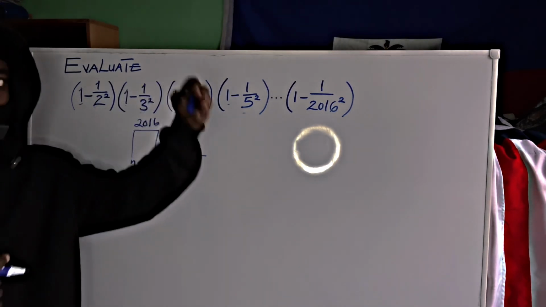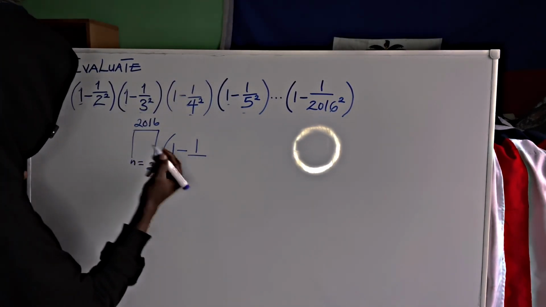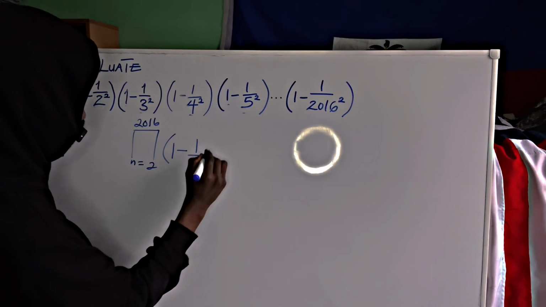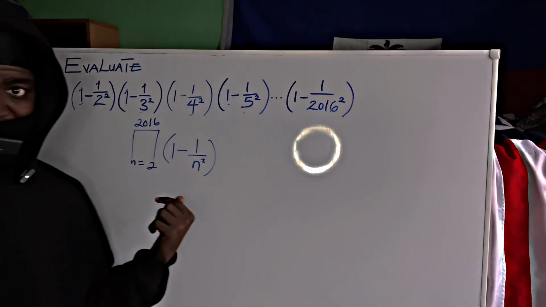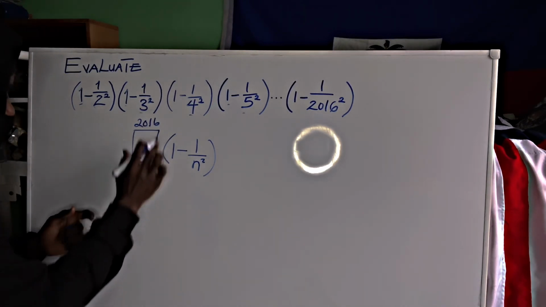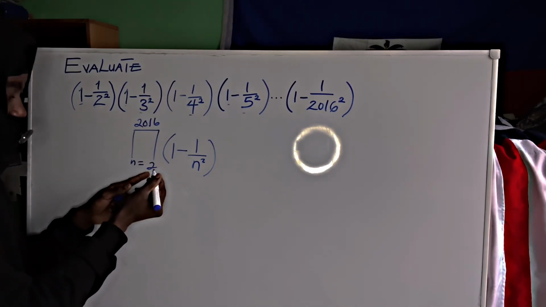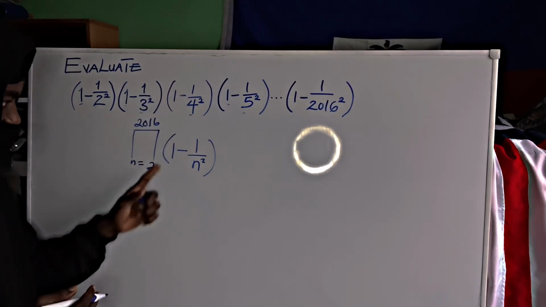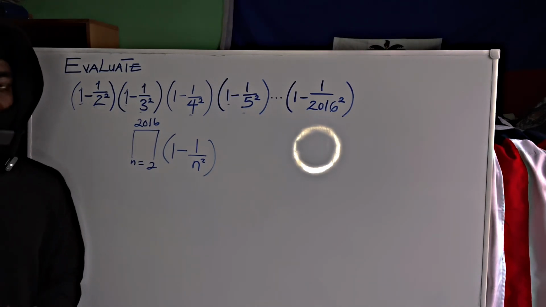But because the 2 will be changing, we represent it by n squared. So this is the general form: the product from n equals 2 to 2016 of (1 − 1/n²).